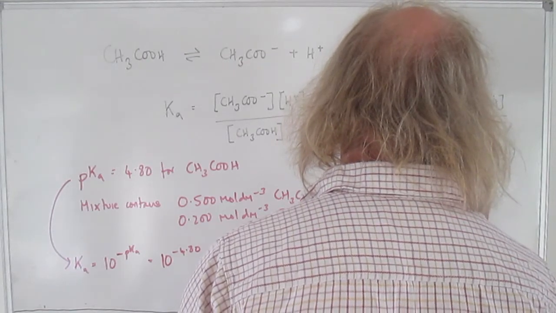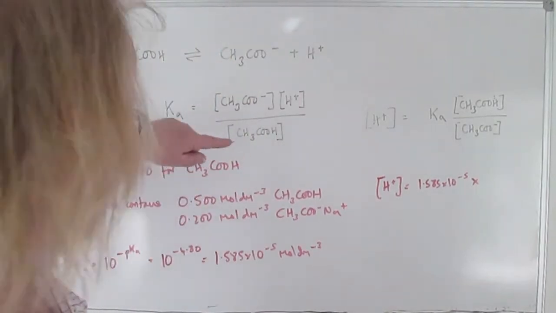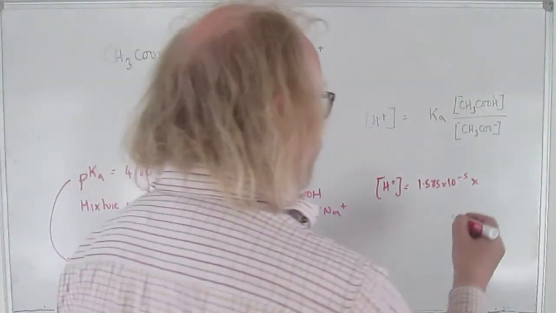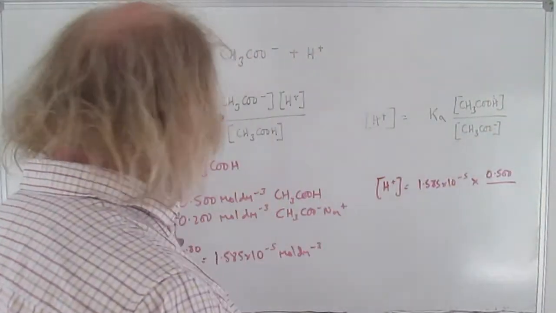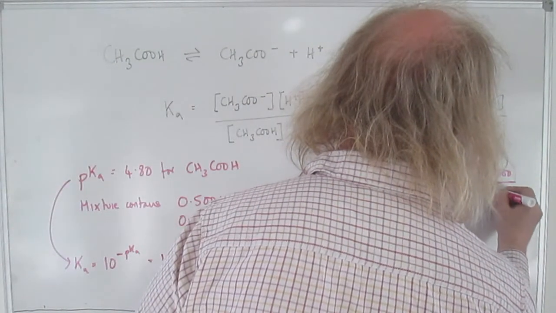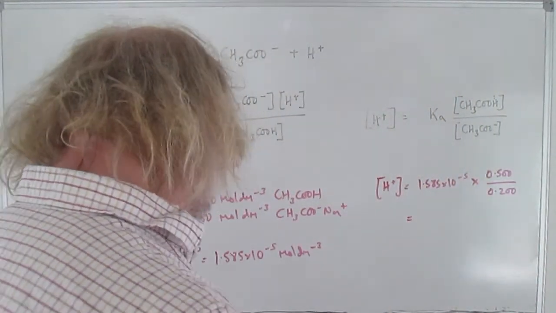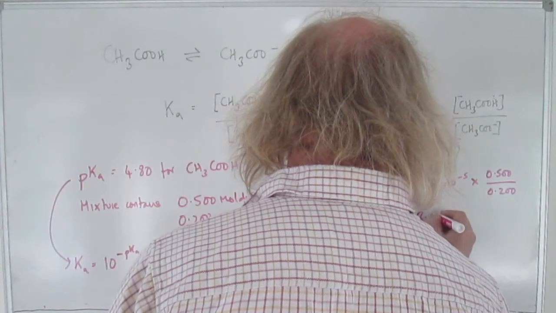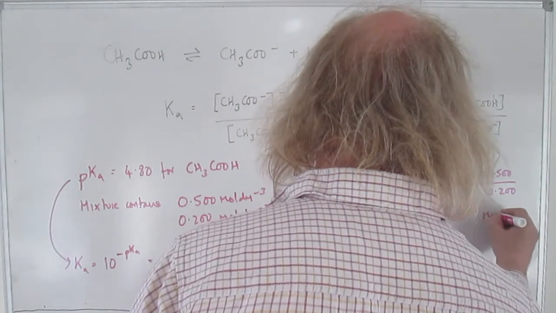So it's going to be 1.585 times 10 to the minus 5 times the concentration of acid, which is 0.500, divided by the concentration of conjugate base, which is 0.200, and that comes out to be 3.962 times 10 to the minus 5 moles per dm cubed.